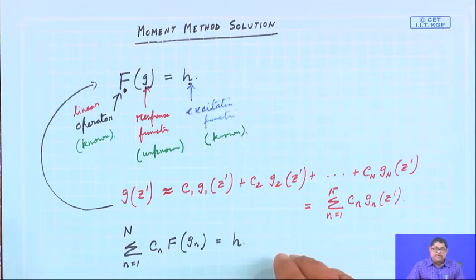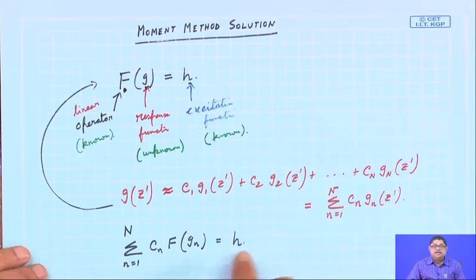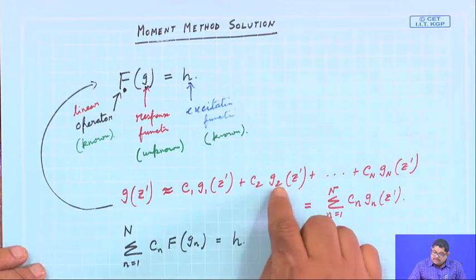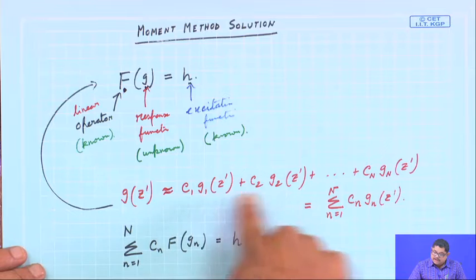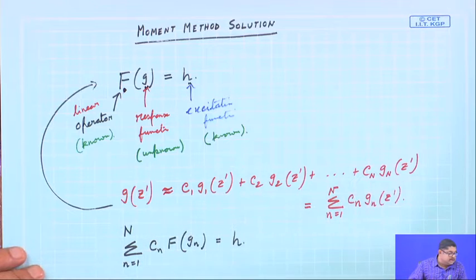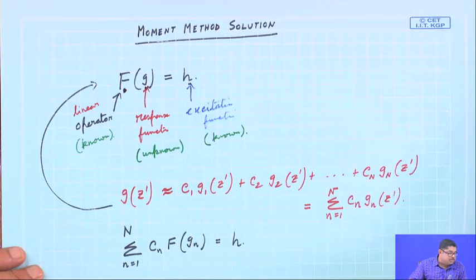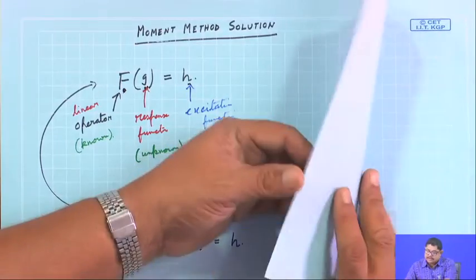So, before going there, let us talk a bit about these basis functions g 1 z dash, g 2 z dash, g n z dash. How to choose this basis function? These are called basis function. That means, the expansion is made in terms of this basis function.